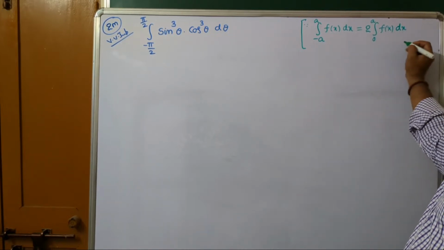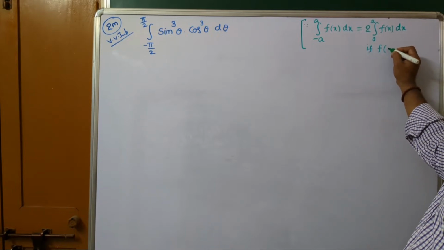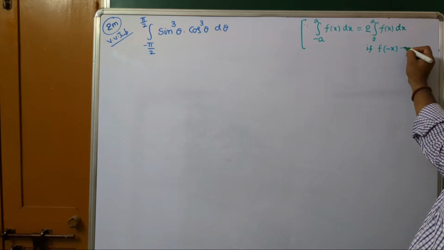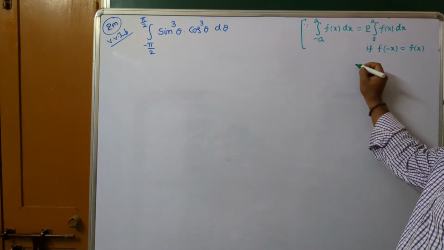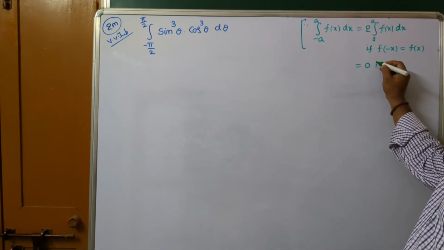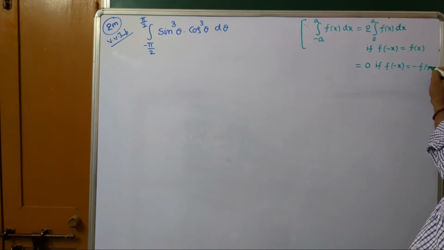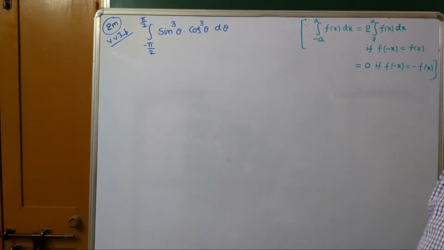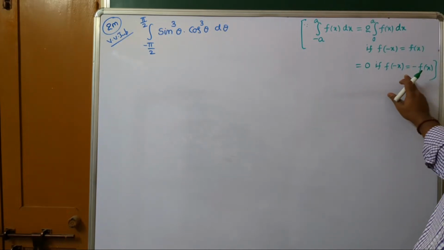dx, if f of minus x is equal to f of x, and the same value equals 0 if f of minus x is equal to minus f of x. We will verify whether it is getting this property or this property.